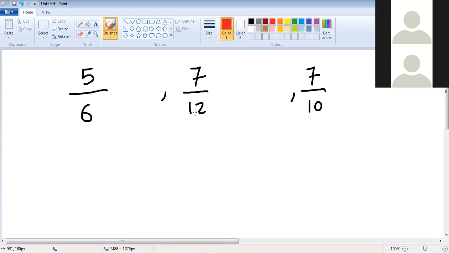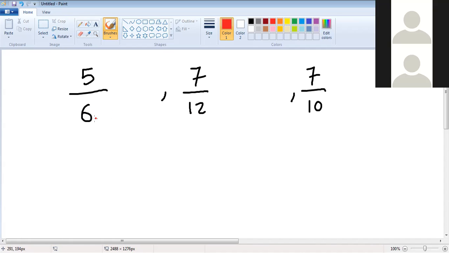The multiples of 12 are 12, 24, 36, 48, then 60, and so on. What about 10? Can you find 60 in the multiples of 10? Yes. And can you find 60 in the multiples of 6? Yes. And can you find 60 in multiples of 12? Yes.